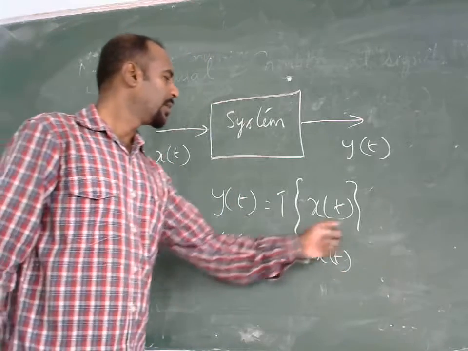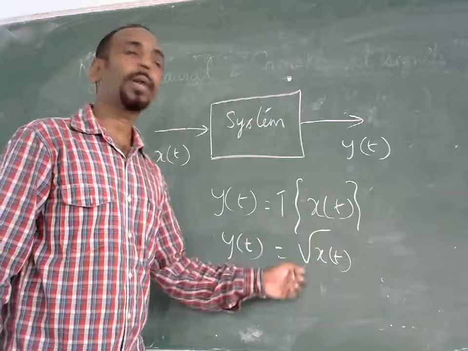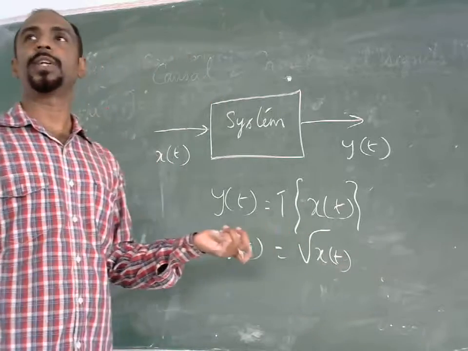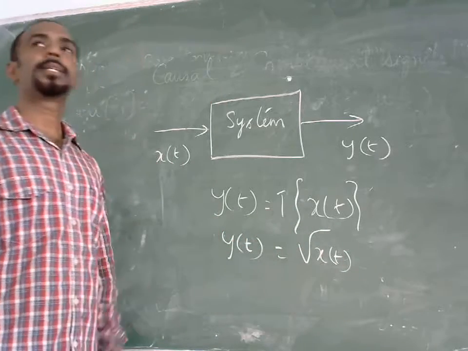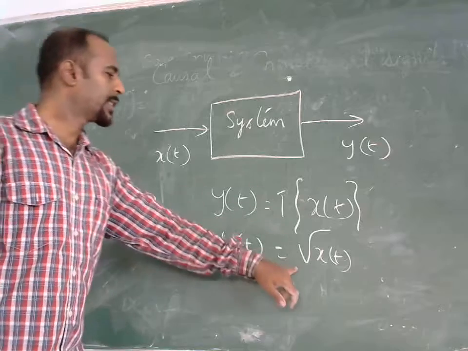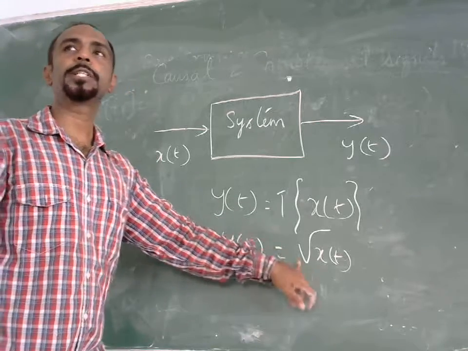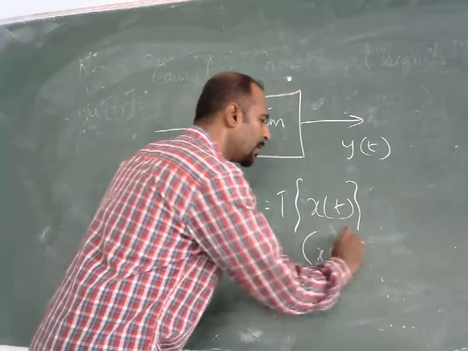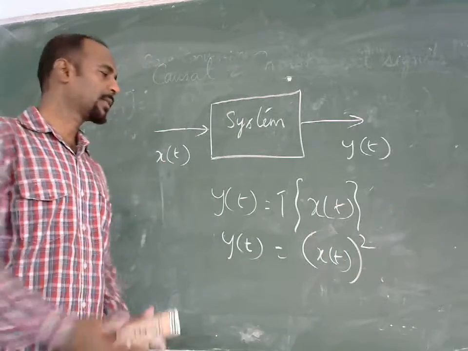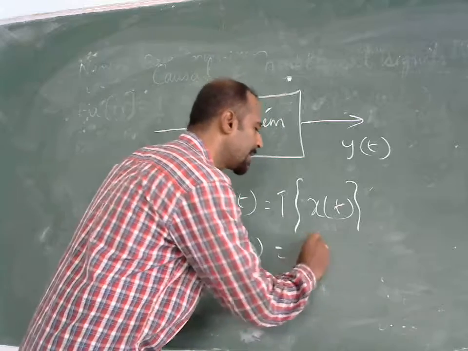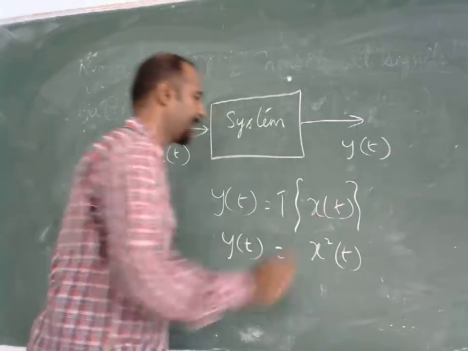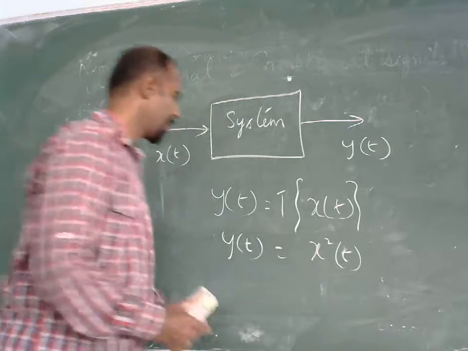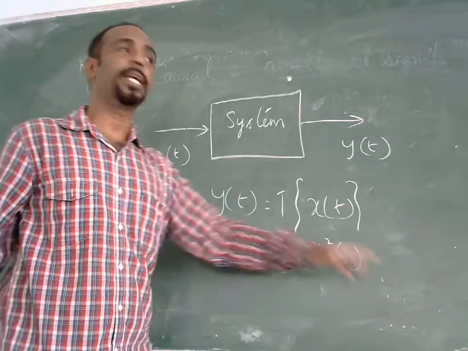So therefore here the square root is the operator on the signal x of t. So therefore this is a system. What is the system doing? It is performing a square root operation, or it can be a square operation. We normally represent this as x square of t. y of t is equal to x square of t.